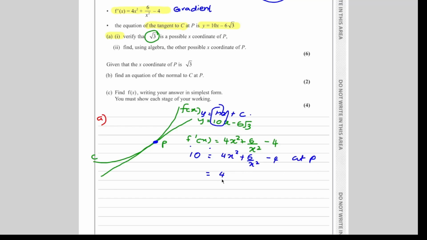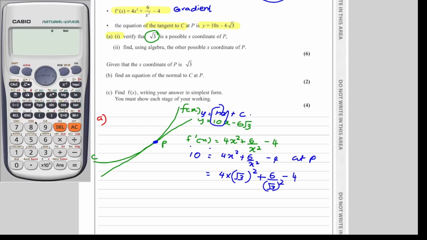So 4 root 3 squared plus 6 over root 3 squared minus 4.